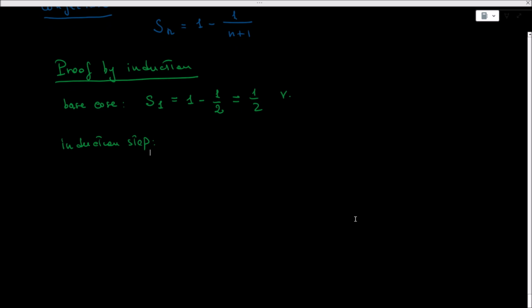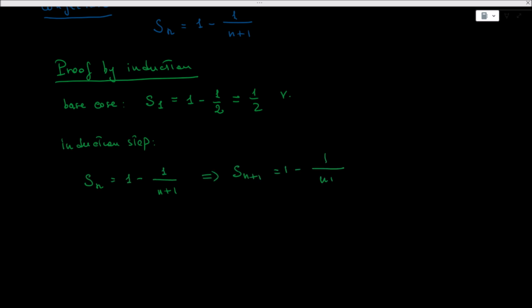Well, the induction step is the following. If we assume that Sn is equal to 1 minus 1 over n plus 1, we should see that Sn plus 1 is equal to 1 minus 1 over n plus 2. Okay? So let's prove this.